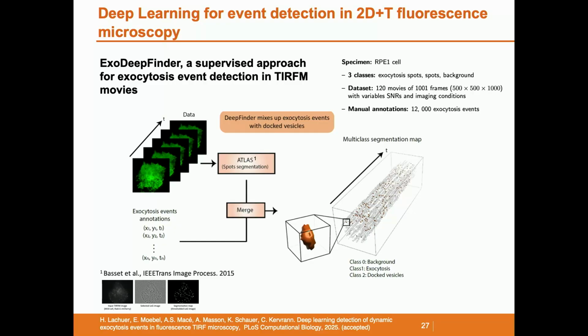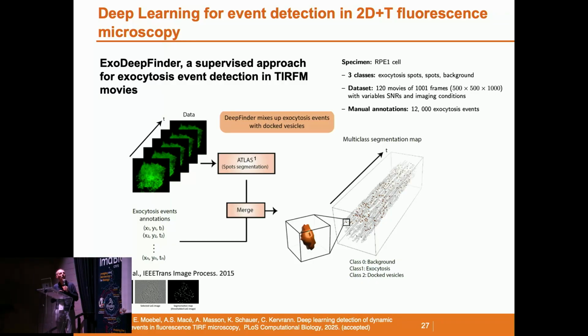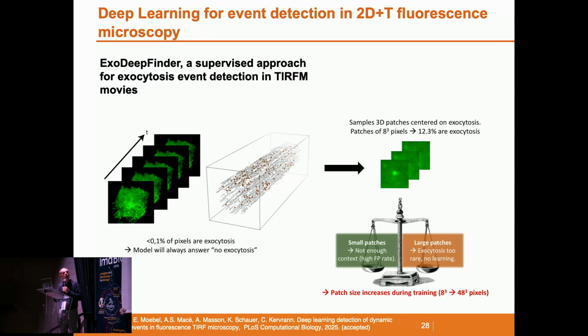We use a conventional technique to generate spots, because you have many spots in these images, but only one exocytosis event. So we build a training data set composed of manual annotation and automatic annotation given by a basic spot detector. Right. And the performance will improve.